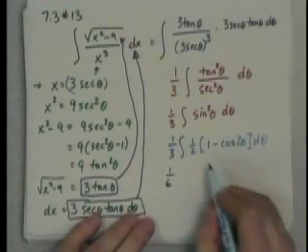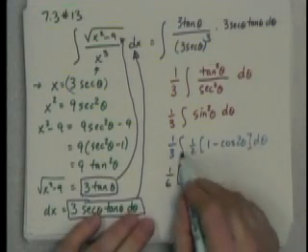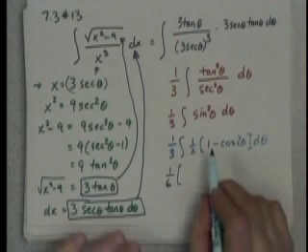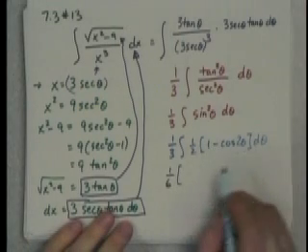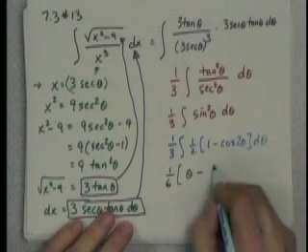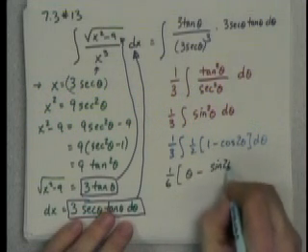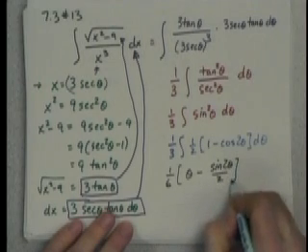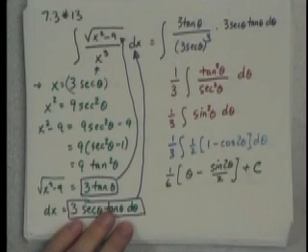So I get 1/6, since 1/3 times 1/2 is 1/6. The antiderivative of 1 times d theta is just theta. The antiderivative of cosine of 2 theta is sine 2 theta over 2, plus some integration constant.